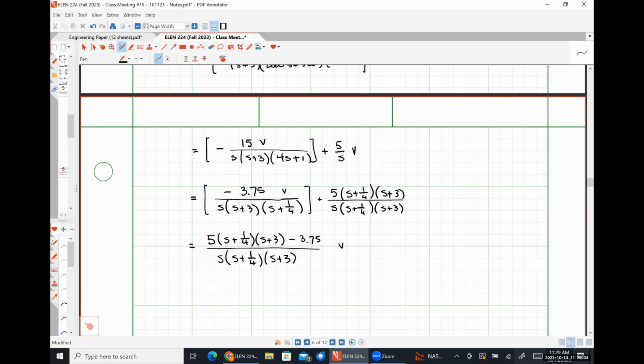Brody and Jacob. Could you just not expand what's in the bracket? That it's volts over that. Or the negative 3.75 volts. Could you just not expand that instead of dividing plus 5s? Because you're just gonna expand. That's where I was gonna do. Because you do a Laplace of the negative 3.75 over s plus 3, s plus 1/4, and then do a Laplace of 5 over s.